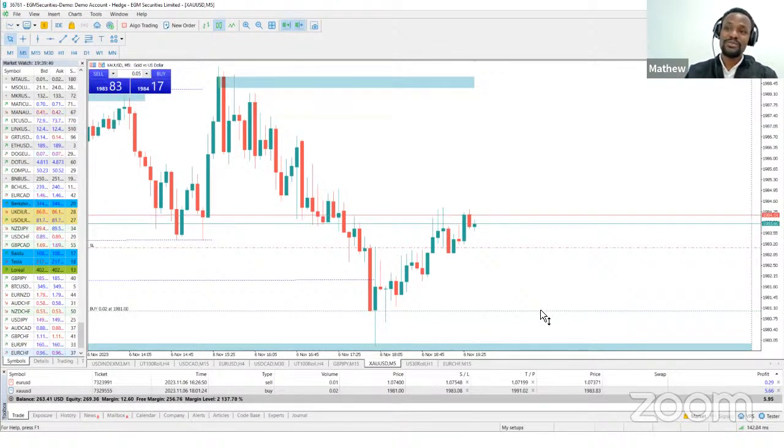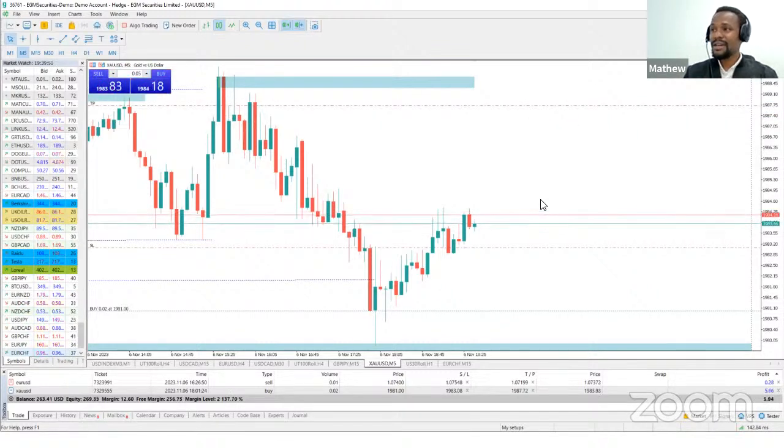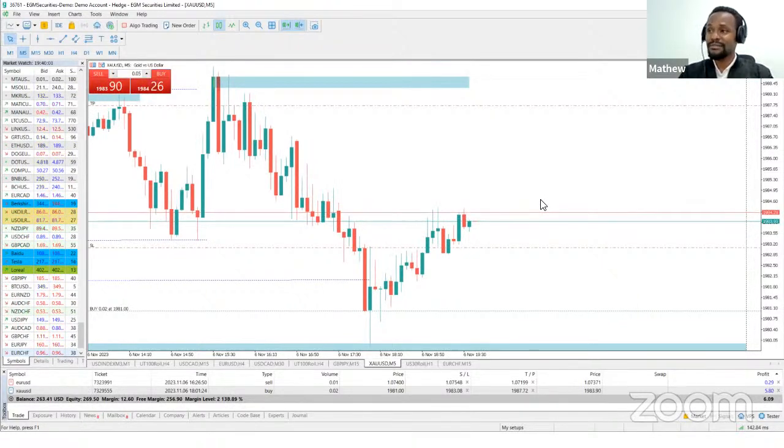You might as well want to have a take profit on the upper side, so that if the price attains that level, then it just takes your profit. And that is how you want to do scaling in, scaling out in line with position sizing.